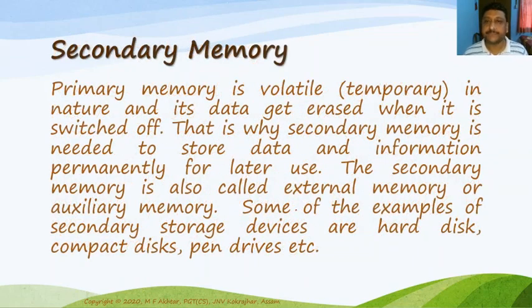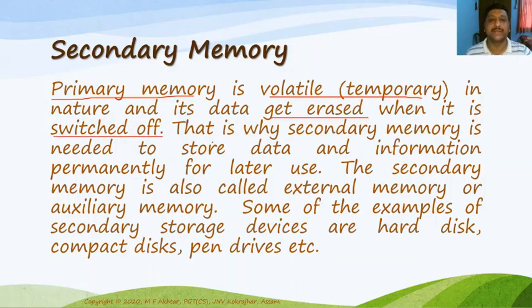Now see, secondary memory. As we know, primary memory is temporary in nature and its data gets erased when it is switched off. What is primary memory? It is volatile, and gets erased when switched off.